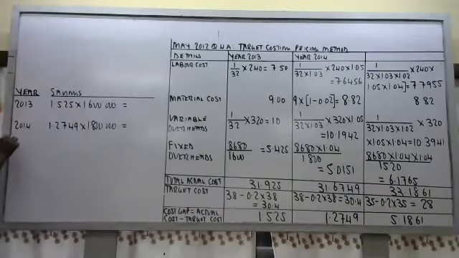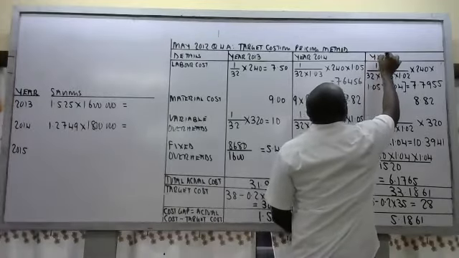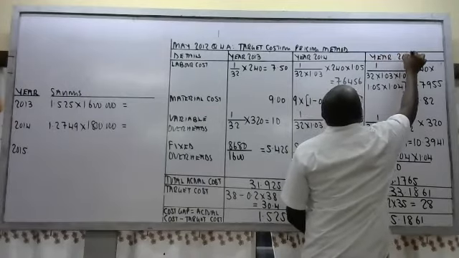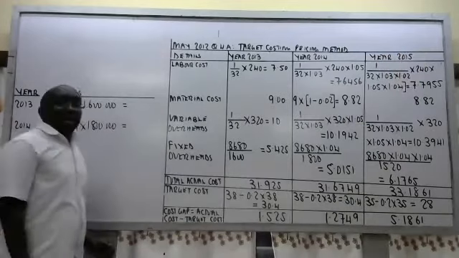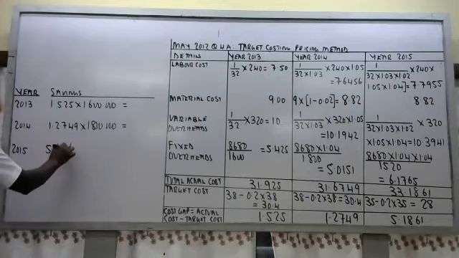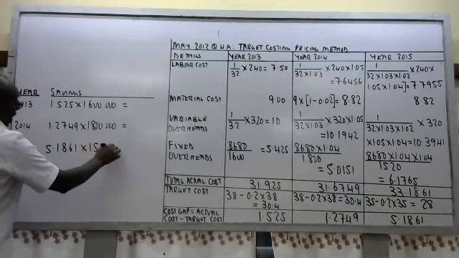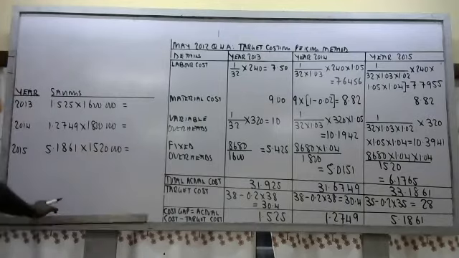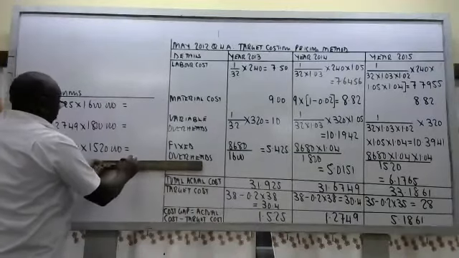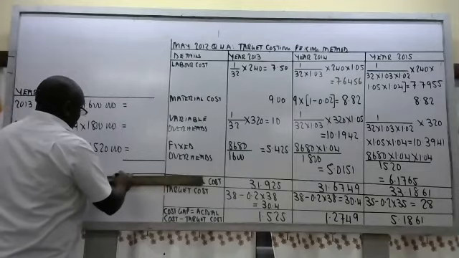And the year 2015, remember this was the year 2015, I forgot to write the year 2015. So in the year 2015, it is 5.1861. You multiply by 1,520,000. So do that and give me the total savings.